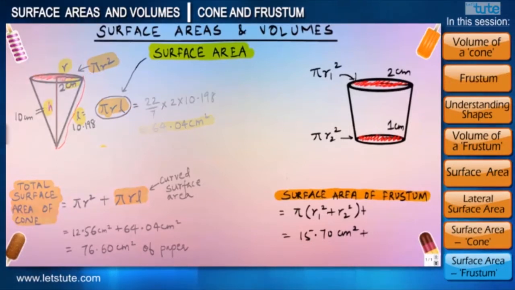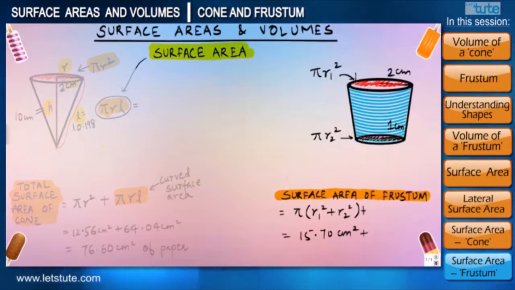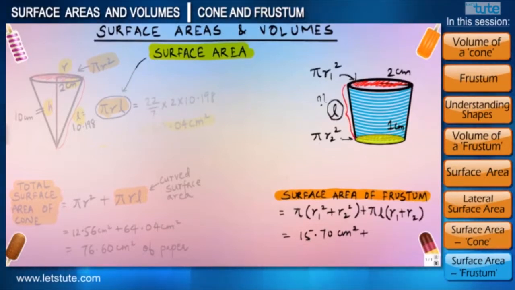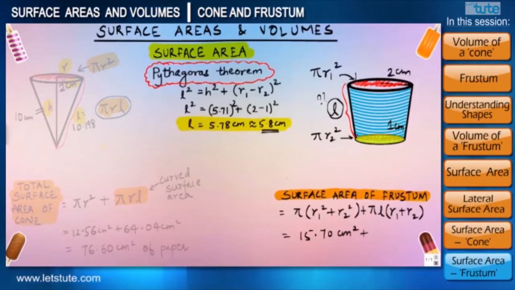Now talking about the cup or the frustum, the curved surface doesn't get tapered completely, but it ends with a circular base. Since there is an additional circle involved here along with the curved surface, we'll write pi r1 l plus pi r2 l. Now even here we don't know the slant height for the cup, so mathematics helps us with even that by using the Pythagoras theorem.